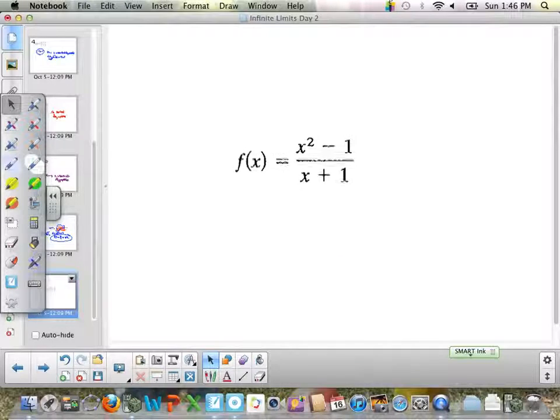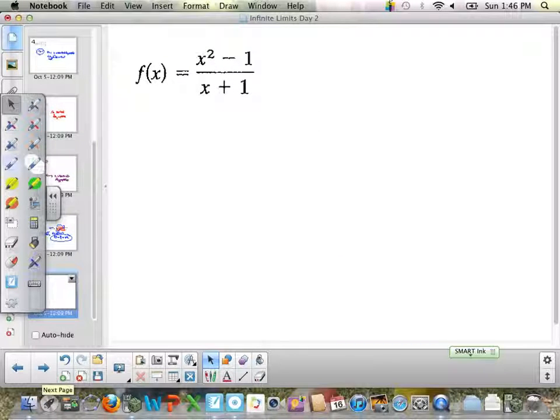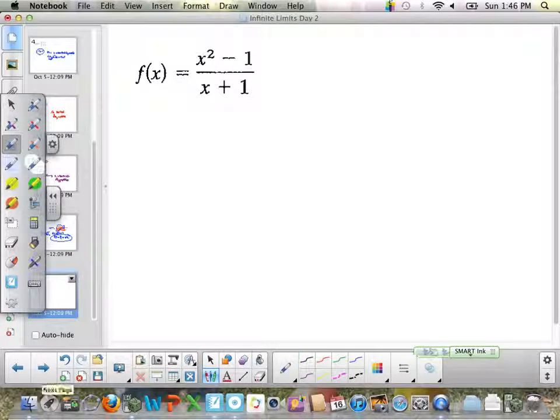And finally, we're looking for what makes the bottom 0 but not the top. Well, x equals negative 1. If I stick negative 1 into the top, do I get 0? You sure bet I do. Negative 1 squared is 1. 1 minus 1 is 0, so I get 0 over 0. So I need to factor just to double check. Remember, 0 over 0 doesn't mean we're done. It means we have more work to do.